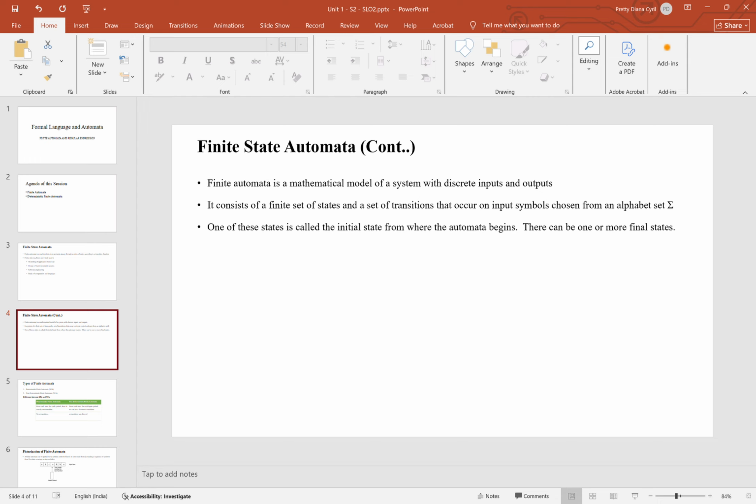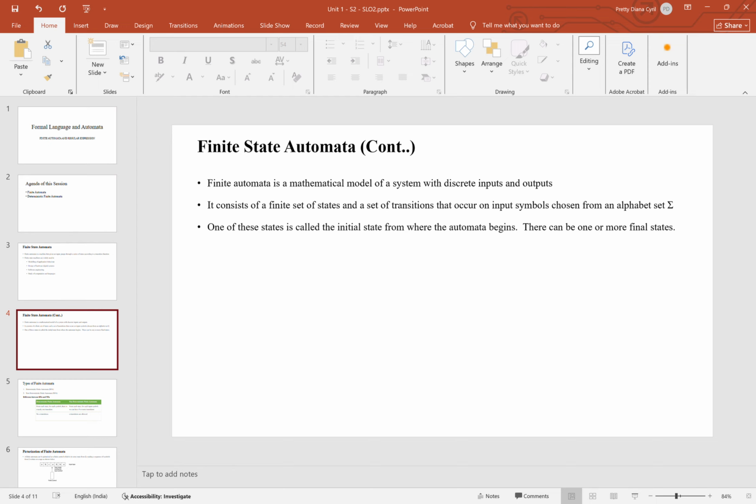One of the states is called the initial state where the automata begins, and there can be one or more final states. Based on the language we have taken, it can vary, but it should contain only one initial state.